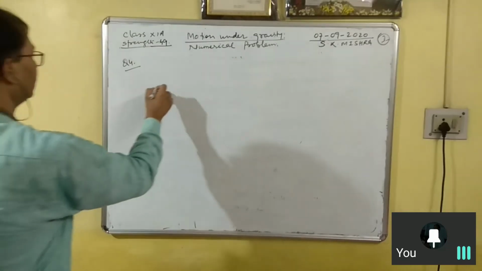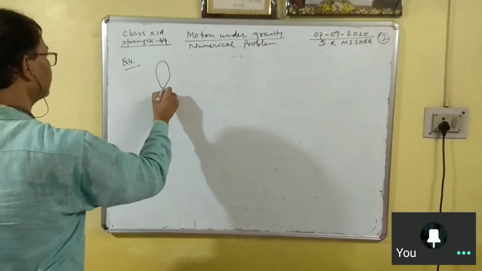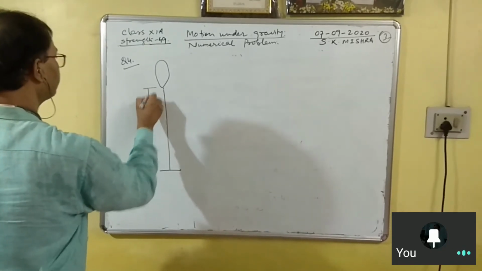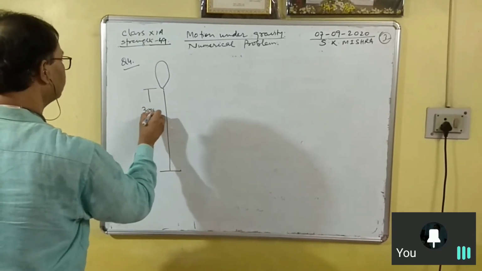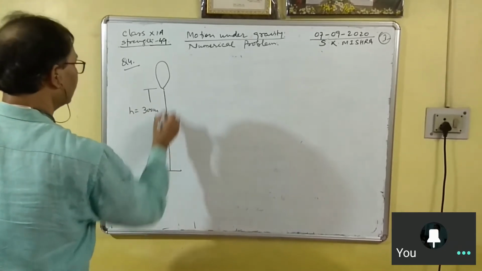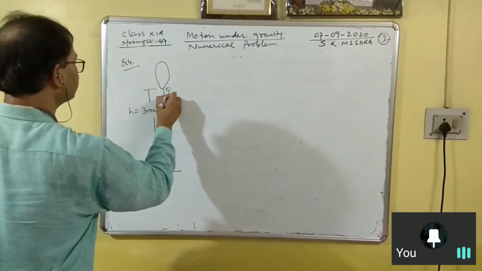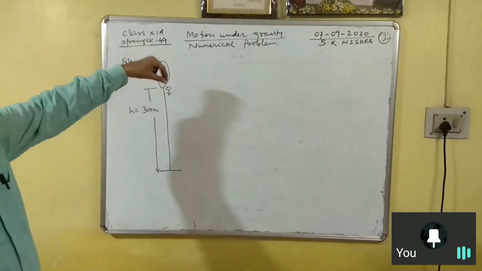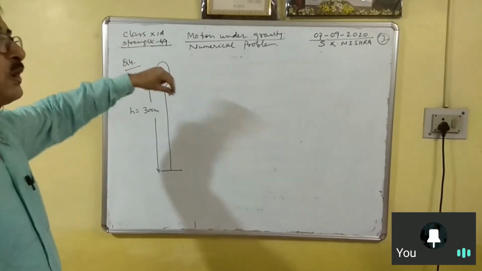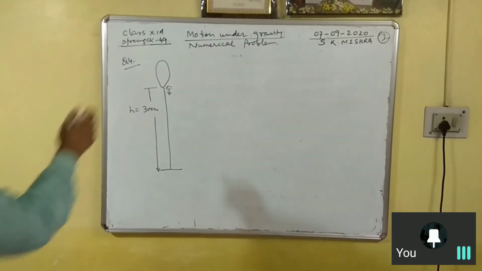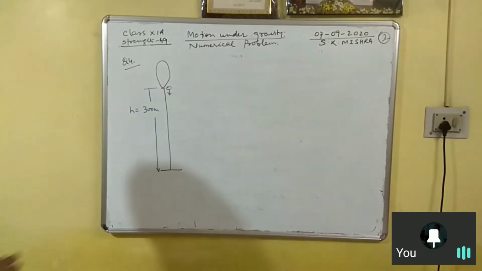Suppose you have a balloon and this balloon is at an altitude of 300 meters, h. And a stone is released from this balloon. By any means, suppose you are inside the balloon and you are dropping this stone, or some stone is released by any means. The stone is released from this height, from the balloon.